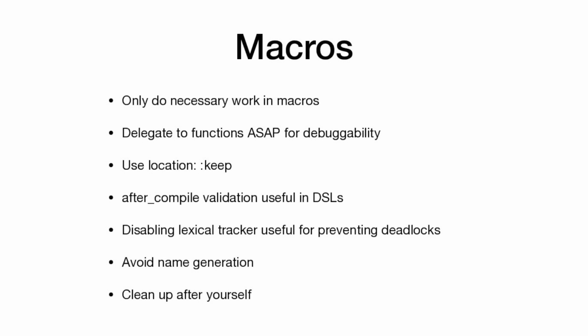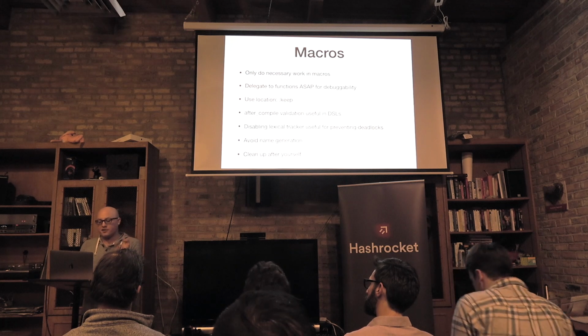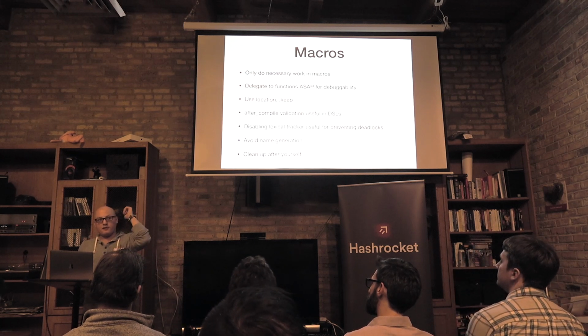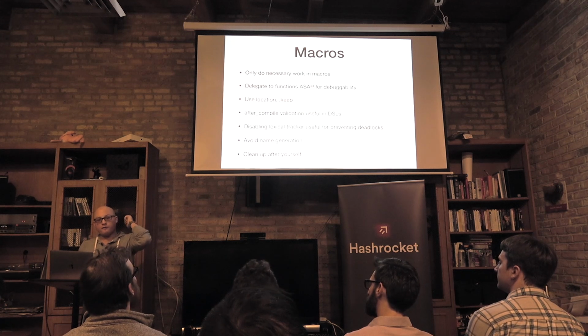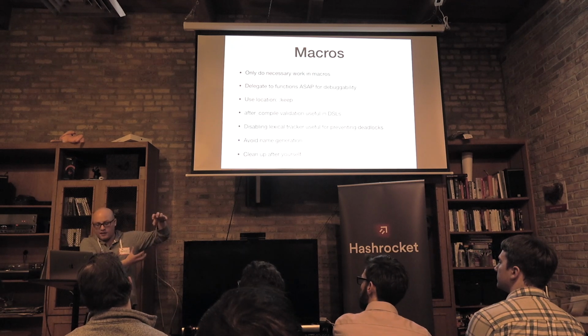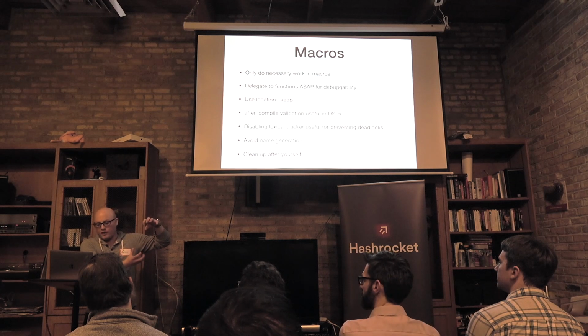Location keep is also a really cool thing. So inside of a macro, you can say quote do whatever, my macro stuff. But if you put location keep between the quote and the do, it'll keep the place where it was called from the caller. A macro is effectively taking all this unquoted stuff and putting it into your module where you called it.